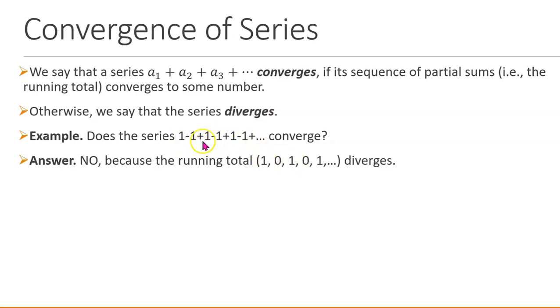The sum of the first four terms will be 0 again, etc. So your running total will be an alternating sequence, 1, 0, 1, 0, and so on. Clearly, the sequence does not approach any specific number. So the sequence diverges. Therefore, the series a1 plus a2 plus a3 and so on diverges in this example.